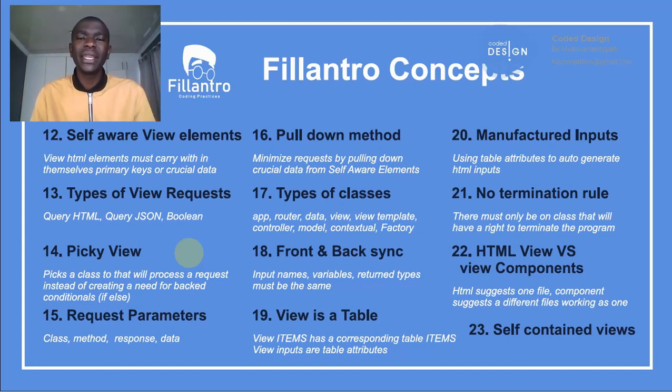However, picky views send a post request, and they tell the backend the class that they are interested in, and also the method that they are interested in. So when the backend receives that request, it doesn't have to choose. If it's login, then this must be done.